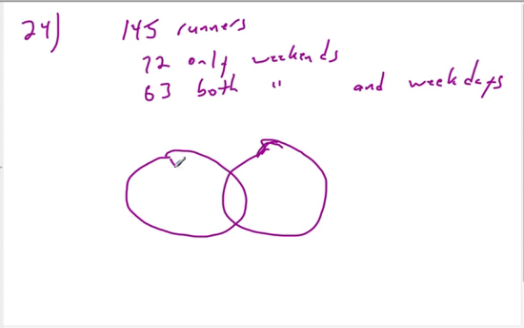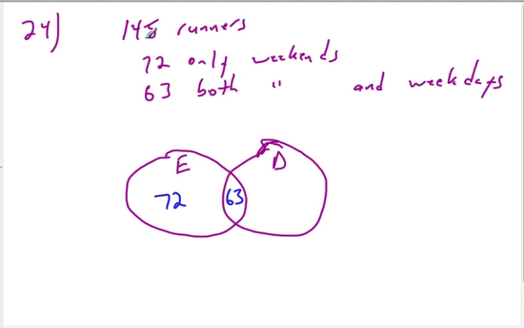But let's say we have people that run only on weekends, and then, let's change that. So we'll make this weekends and weekdays. So only on weekends would be 72. Now if 63 are both weekends and weekdays, that's in the middle here. Notice not to be confused with the only weekends people. So these do both weekends and weekdays.